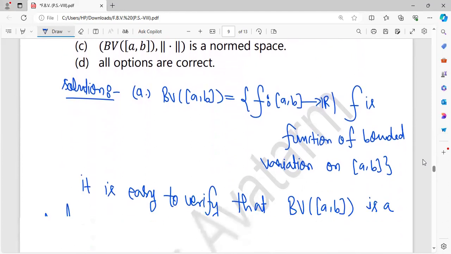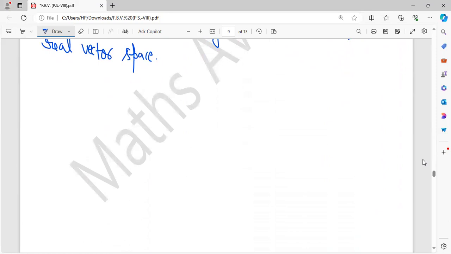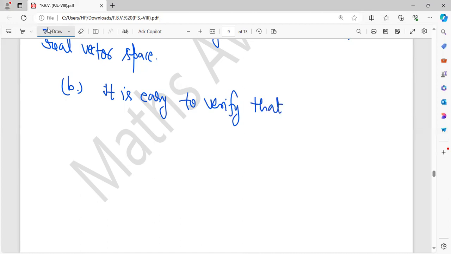It is routine and easy to verify that BV[a, b] with d is a metric space.